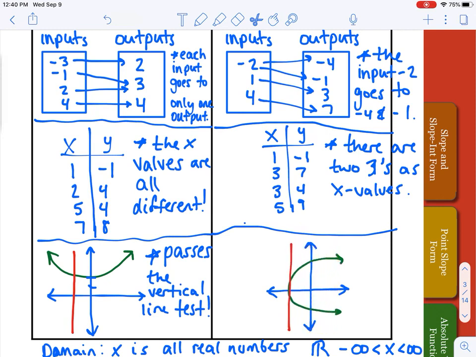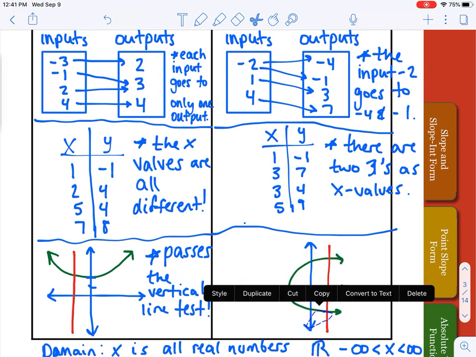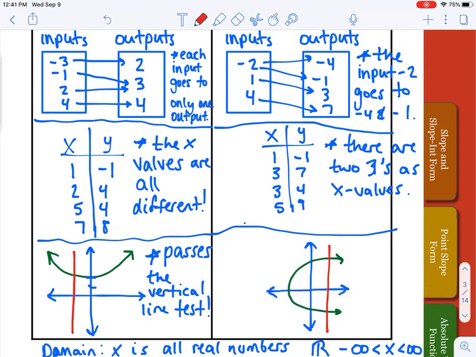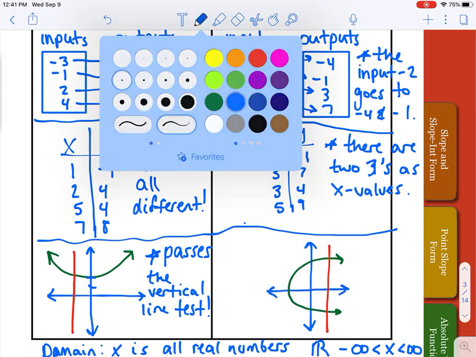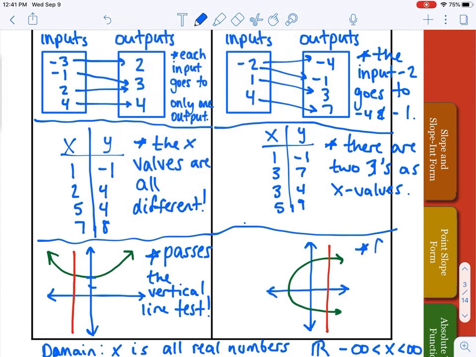It crosses more than one point. On our green graph, it crosses 2, 2, 2, 2, 2, 2, all the way. So this fails the vertical line test. So it is not a function.